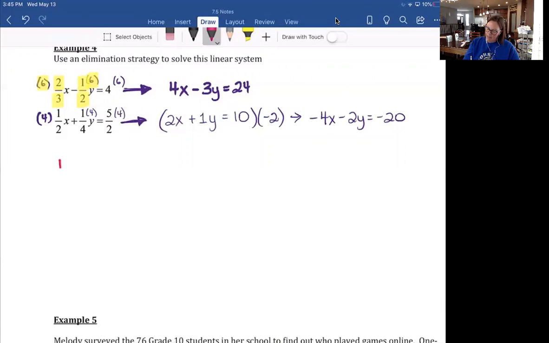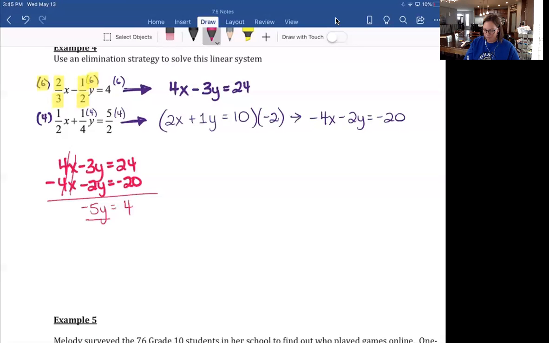So I line these up. 4x minus 3y equals 24, minus 4x minus 2y equals -20. These cancel out. I'm going to get -5y equals 4. I'm going to divide by -5, and y is going to equal -4/5.